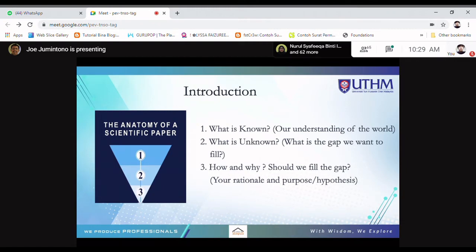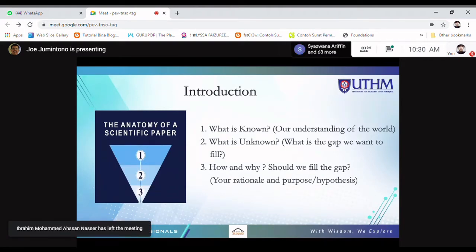Once again, the introduction consists of number 1, number 2, and number 3, from the broad one to the narrowed one. Okay, let's detail one by one.